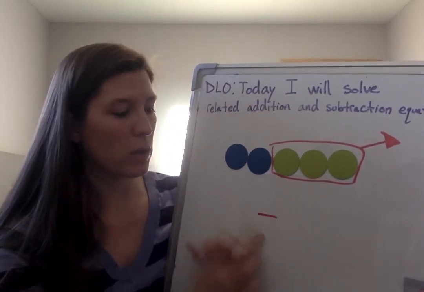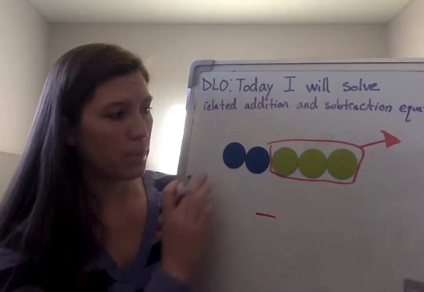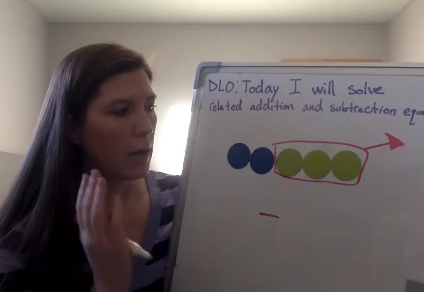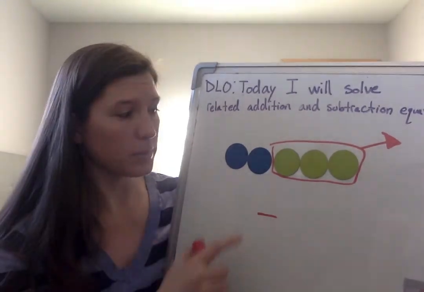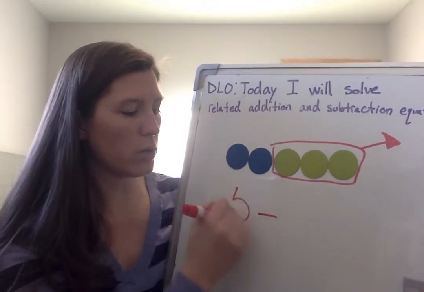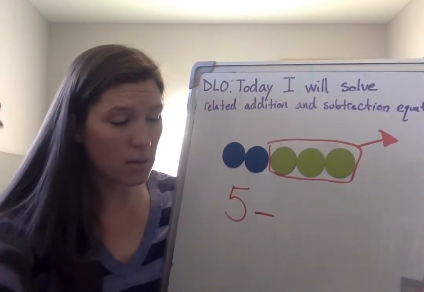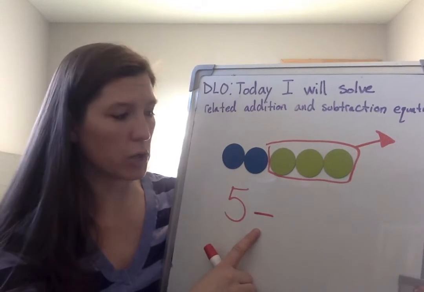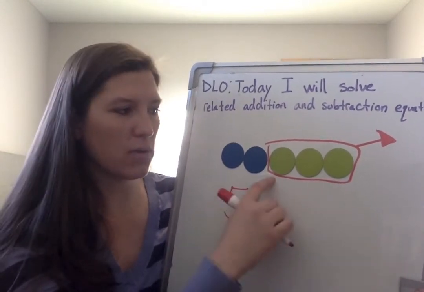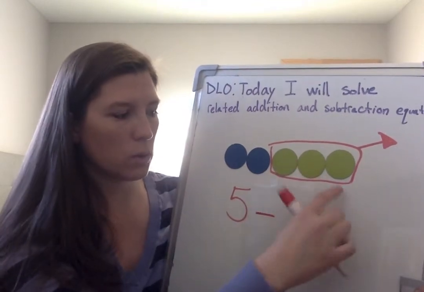When we're subtracting, we have to start out with all of them, the whole group together. How many do we have all together? 1, 2, 3, 4, 5. We started with 5. This many are leaving, so we're using subtraction. How many are leaving? 5 minus how many? 1, 2, 3.